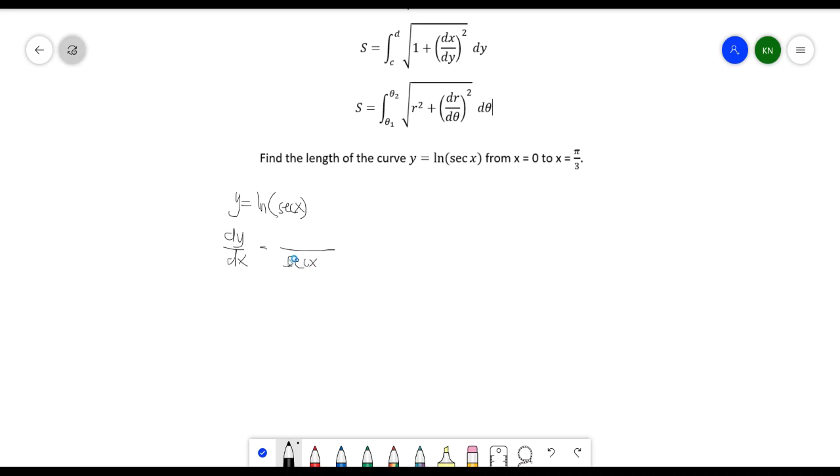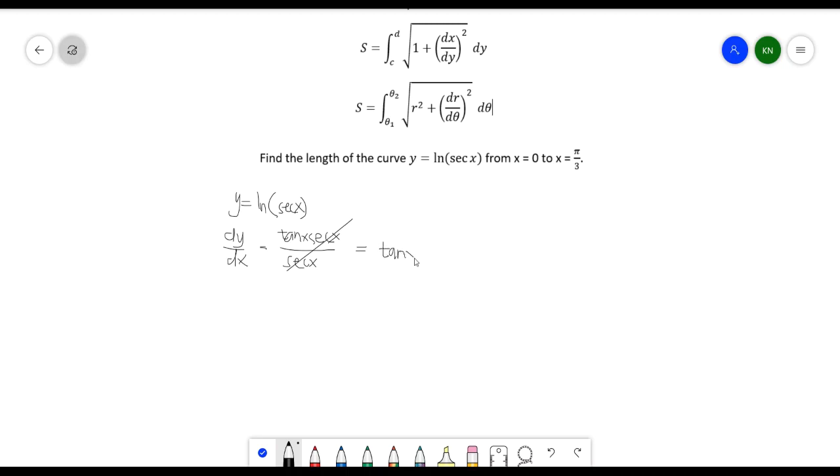In the numerator is the derivative of secant x, in which, as we know from differential calculus, the derivative of secant x is equivalent to tangent x secant x. And we can cancel the secant x.